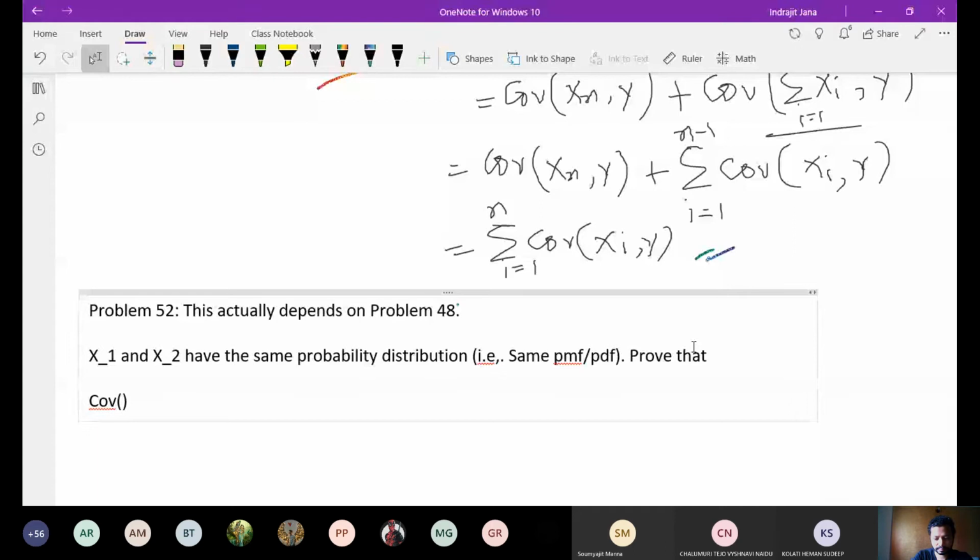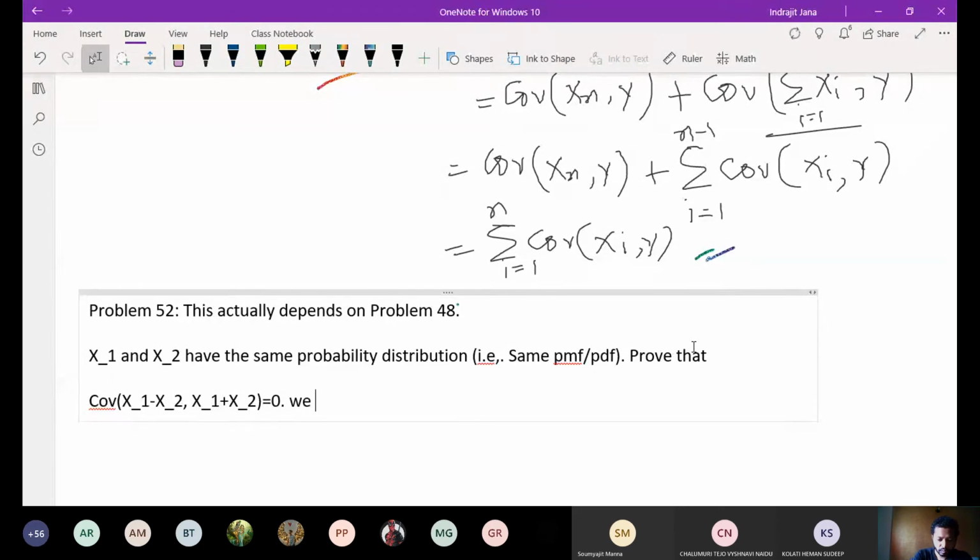covariance of x1 minus x2, x1 plus x2 is equal to 0. Notice that independence is not being assumed, right?